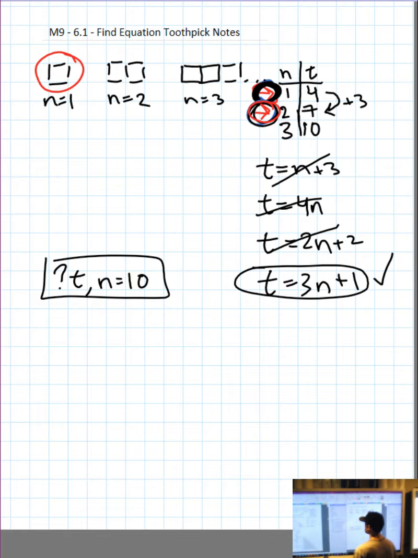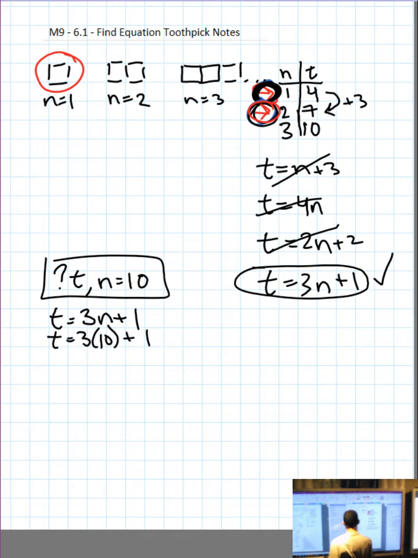In the notes, well, we start by writing the equation that we figured out off to the right just a second ago. Then we carefully substitute the n value that we know. Then 3 times 10 is 30, plus 1 is 31. And then we answer the question. The 10th diagram has 31 toothpicks.